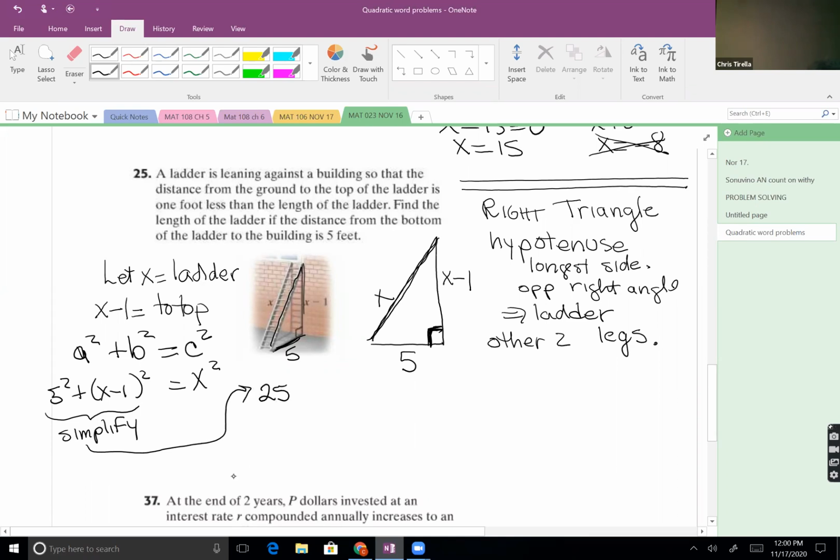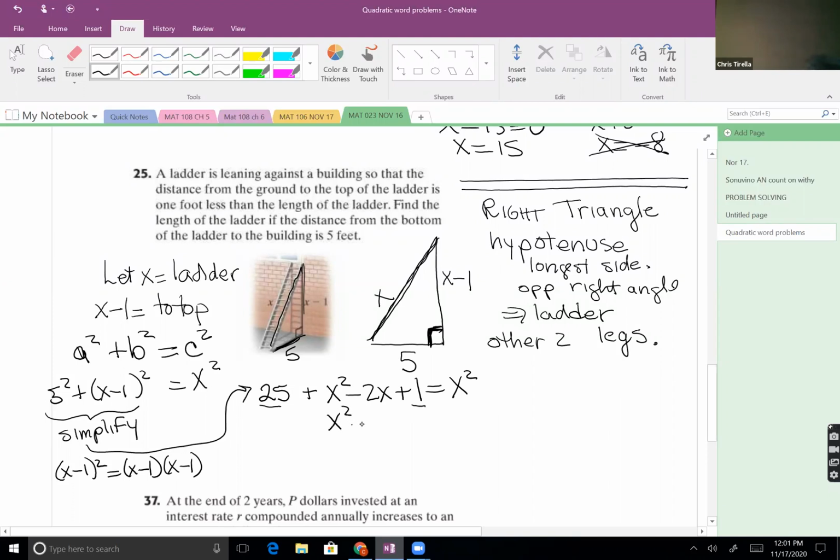Doing so, I'll do the hard part. 5 squared is 25. The other part, when I look at x minus 1 squared, remember that's x minus 1 times x minus 1. And when I work that out, it gives me x squared minus 2x plus 1. And that equals x squared on the other side. Well, 25 and 1 is 26.